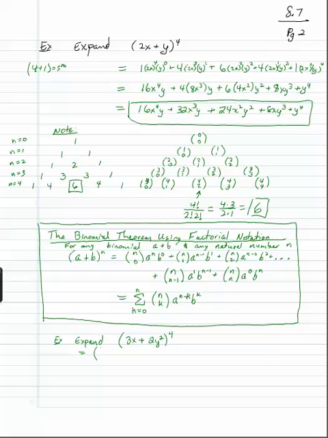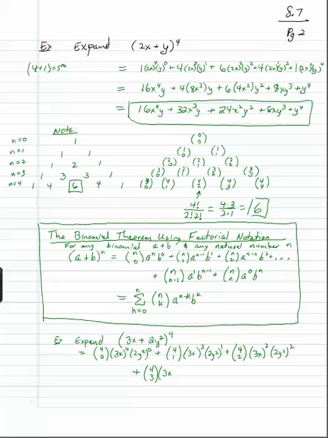So I'm going to go 4 choose 0, the first term to the fourth, the second term to the 0. 4 choose 1, first term to the third, second term to the first. 4 choose 2, first term squared, second term squared, plus 4 choose 3, first term.